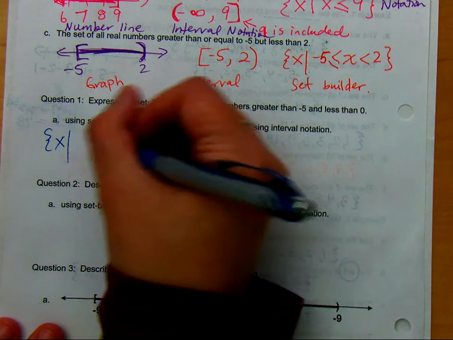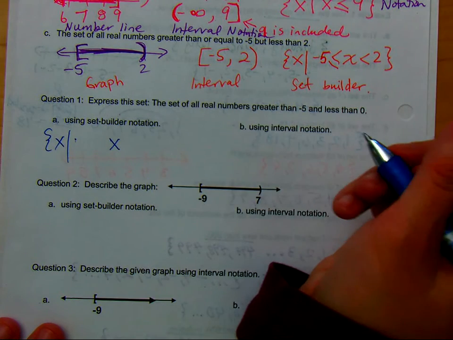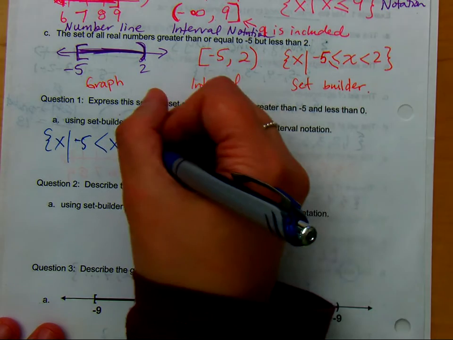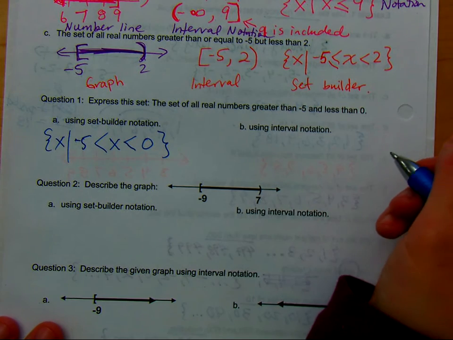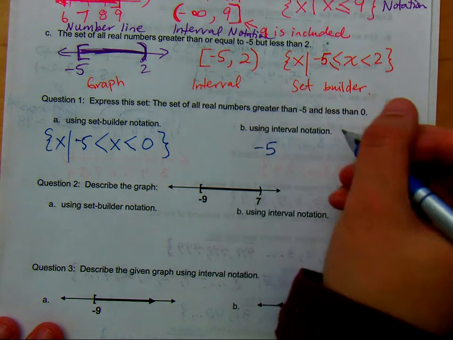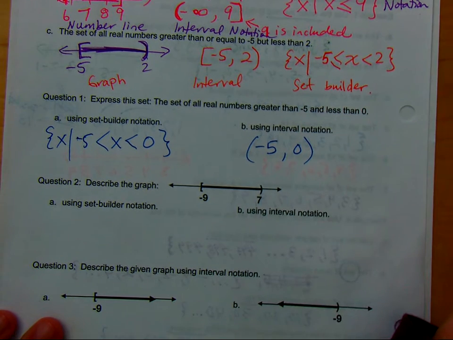Set x, yeah, x is in between -5 and less than 0. Yeah, -5 and less than 0 is my interval.